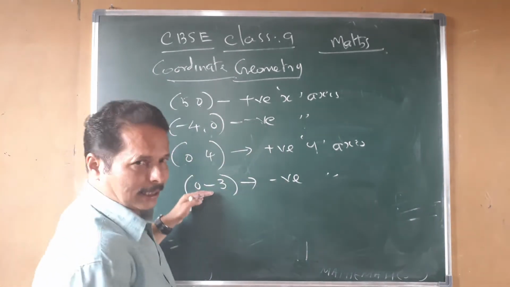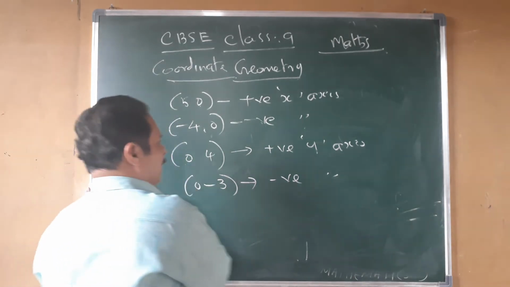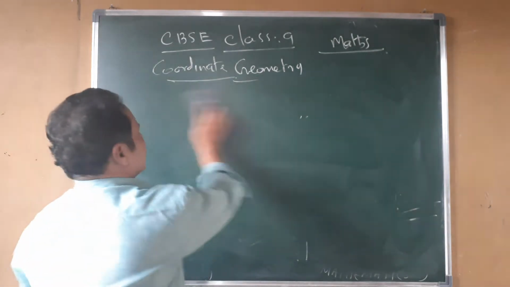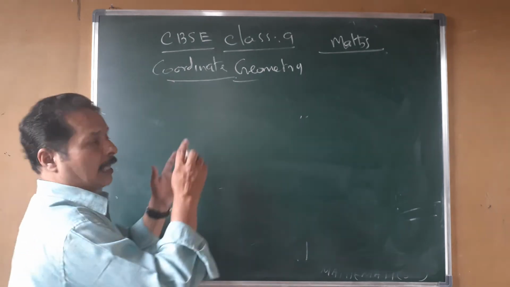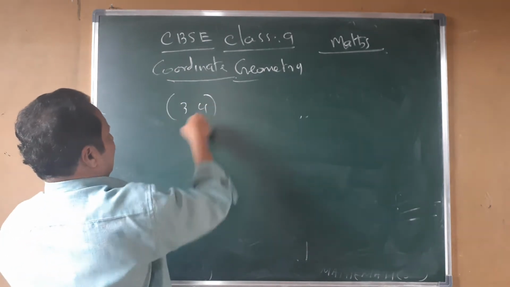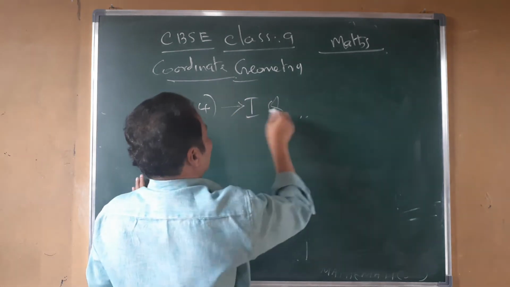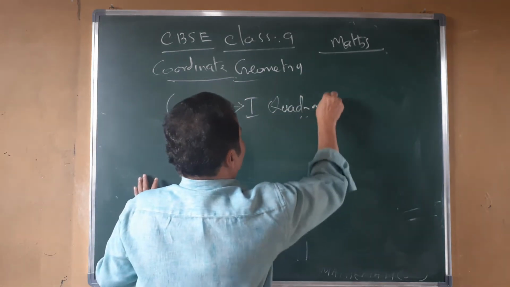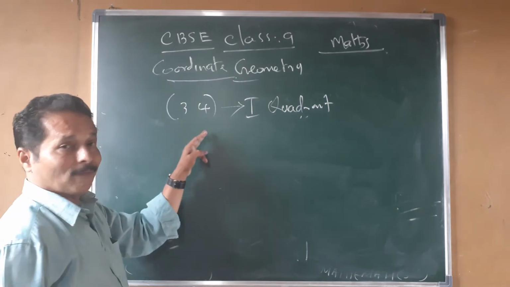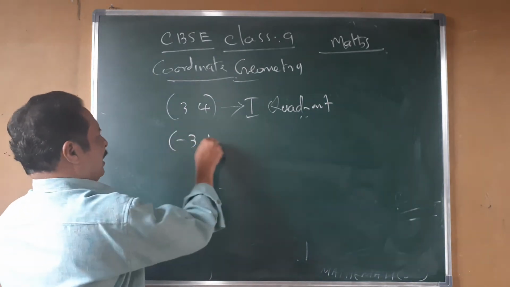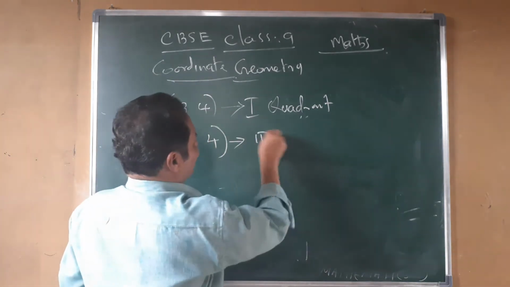Okay, you see that? Next, you studied the position of points on the quadrants. For example, (3, 4), both coordinates are positive. It's on the first quadrant. You remember that? Then (-3, 4) is on the second quadrant.